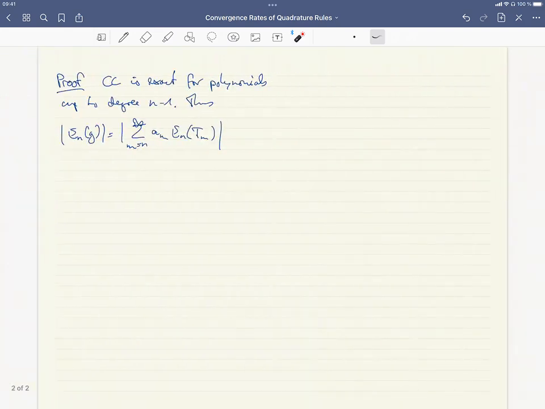Yeah, so I get this formula here that I've written down, that the error of g is actually a sum of the higher order expansion coefficients and the error of integrating the higher order Chebyshev polynomials. And if I want, I can estimate this as the sum over m running from n to infinity of the absolute value of a_m and E_n of T_m. Yeah, so the error of the n-point quadrature rule when integrating the m-th Chebyshev polynomial.